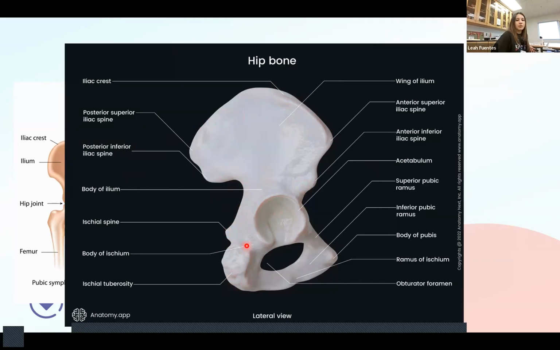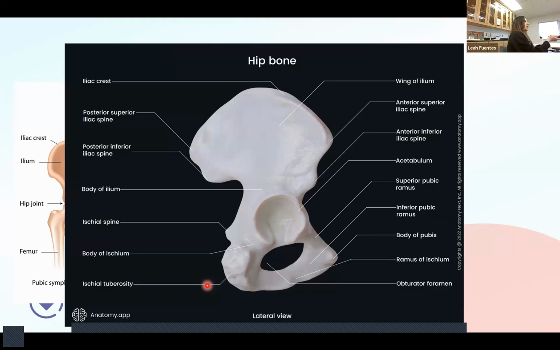We have the ischial tuberosity here. This big hole, or it's not a hole because it's not all the way, but this is called your acetabulum. This is where the head of the femur sits and what allows you to walk. Right here, this big hole is the obturator foramen. It is important, I would know that.